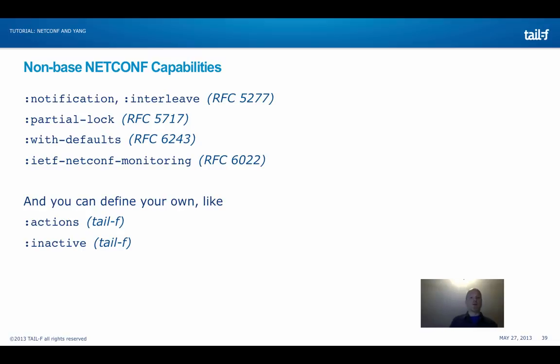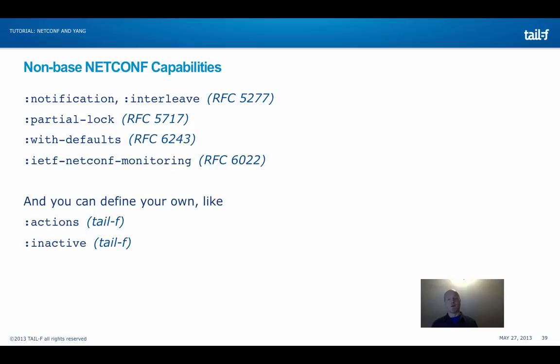There are some non-base standards: notification and interleave, meaning spontaneous notifications, partial lock to do partial locks of the data store, default values, and an interesting one, Netconf monitoring. I would say the most important part of that is that if a device supports Netconf monitoring, the management system can dynamically retrieve the data models over the wire.